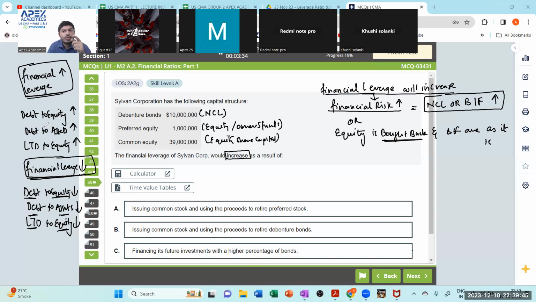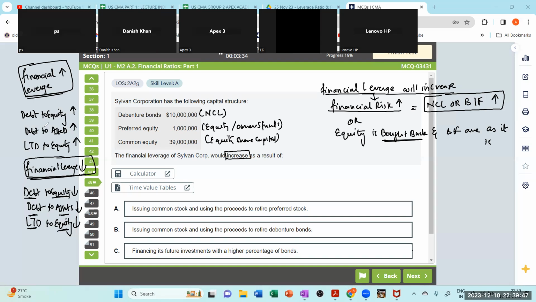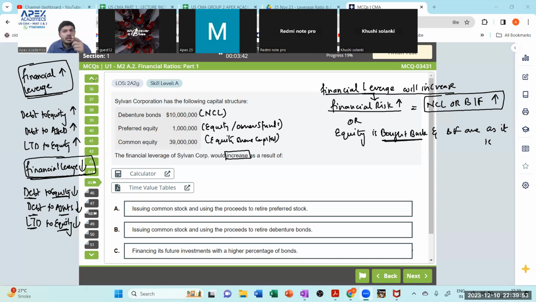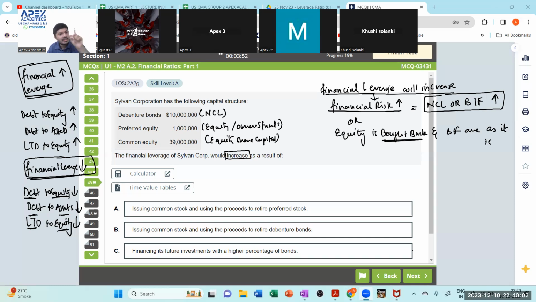Rachita, Kushi, Preeti, Danesh, Aditya, Lokesh, Haripriya, Albas, have you understood this analogy? Yes, sir, understood. Is a separate note needed? No, sir. Okay.